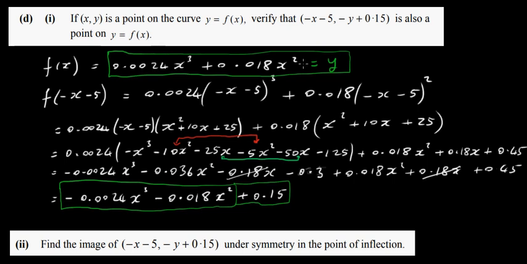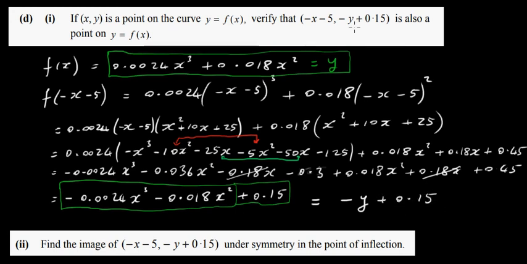So if I multiply across here by minus 1, I would get minus y is equal to minus 0.0024x cubed minus 0.018x squared. So this here is simply just minus y. So I can just rewrite this part here as minus y, which is this part here, plus 0.15.